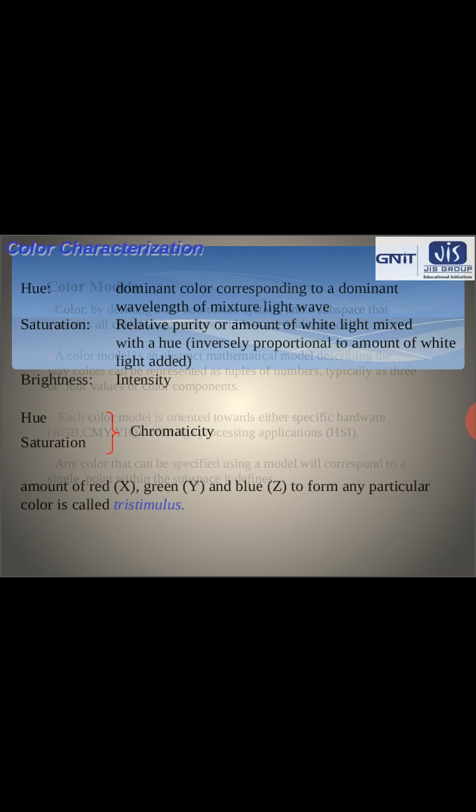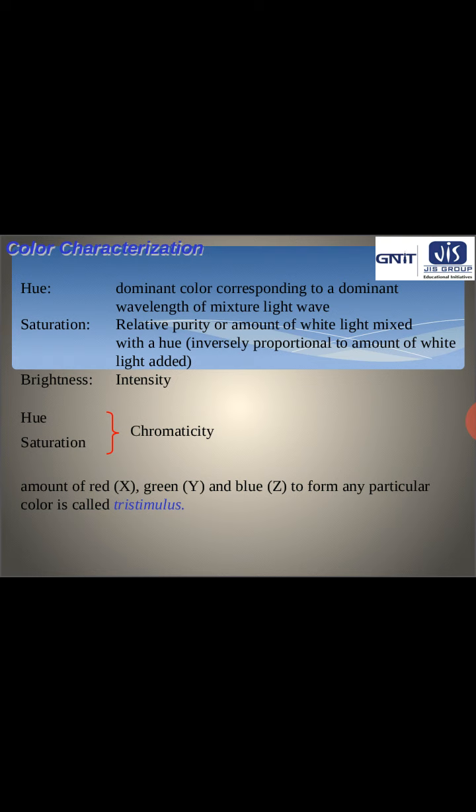Moving forward to the next slide, we can see color characterization. Here we will consider three terms again: hue, saturation and brightness. Hue and saturation combined give us the idea about the chromaticity. The amounts of red, green and blue, represented by X, Y and Z, needed to form any particular color are called tristimulus values.